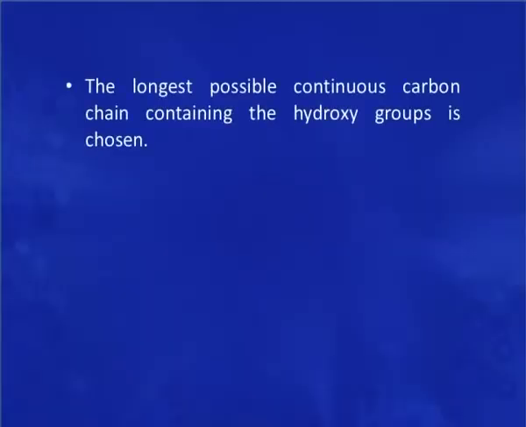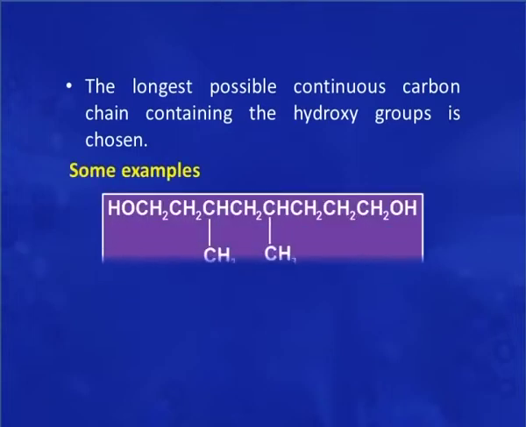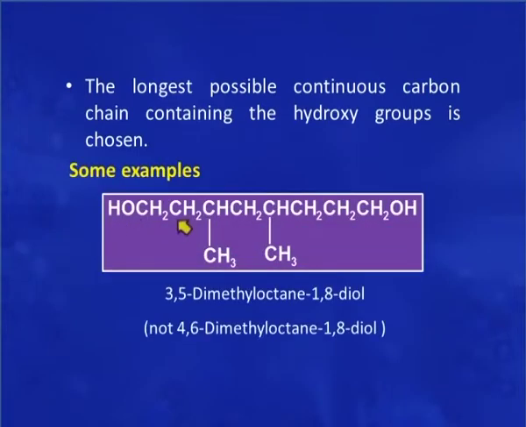The rule of largest possible carbon chain also applies here in the nomenclature of diols. Here you can see in this example, the main chain contains 8 carbon atoms and the terminal carbons have the hydroxy groups. So, basically this molecule is octane 1,8 diol.